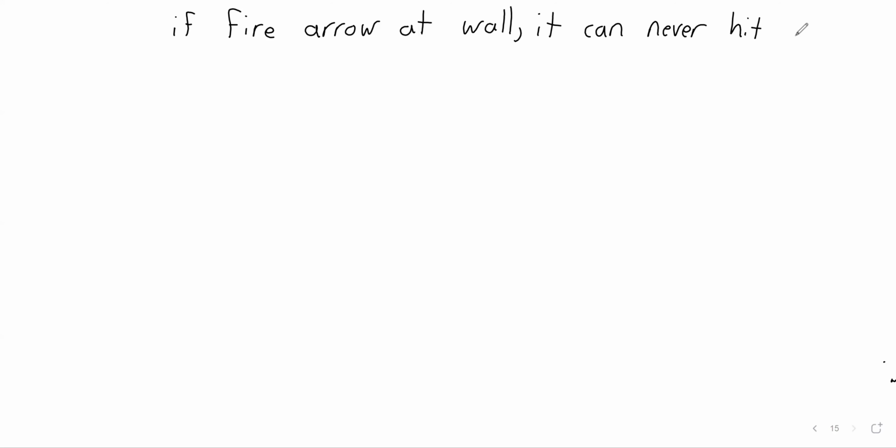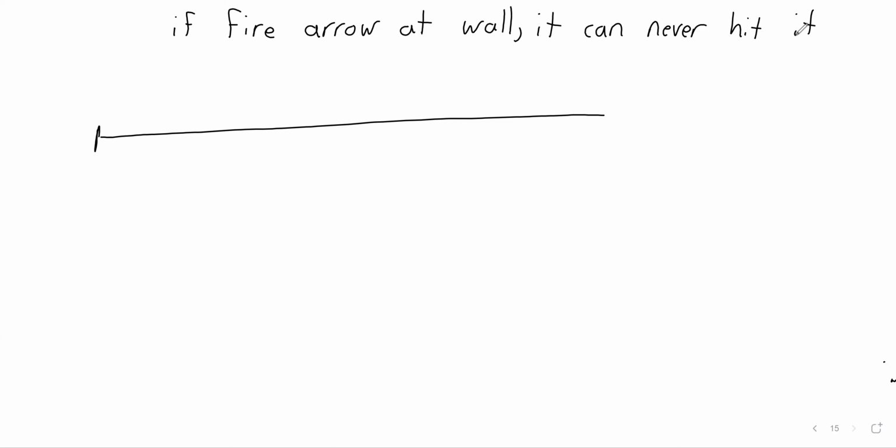We only know him through the writings of his enemies, so we might not have a very fair view of what his actual beliefs were. But he's known for arguing, for example, that if you fire an arrow at a wall, it can never hit it.